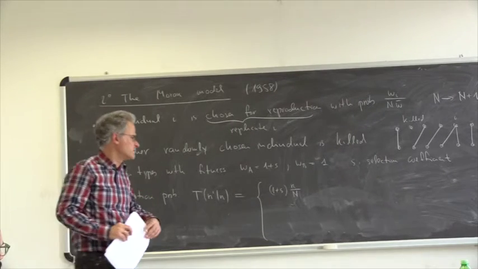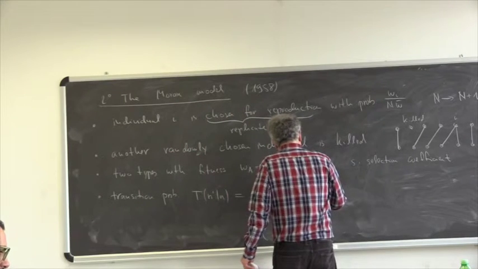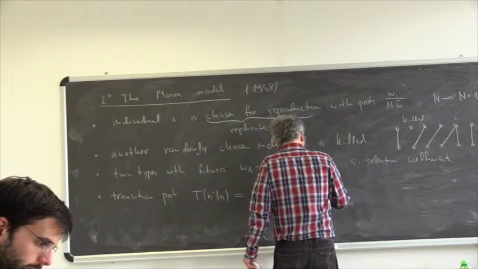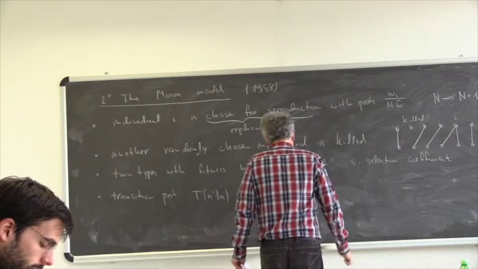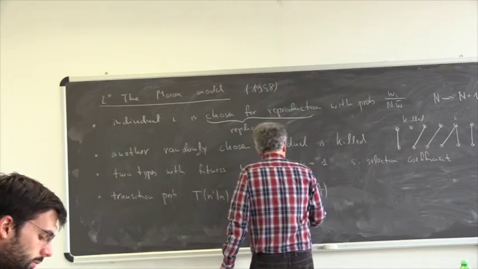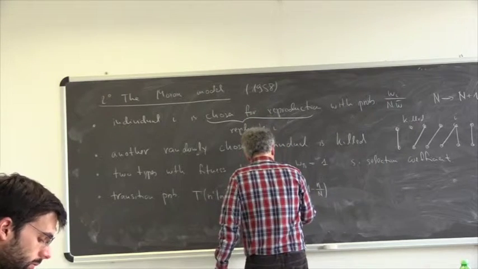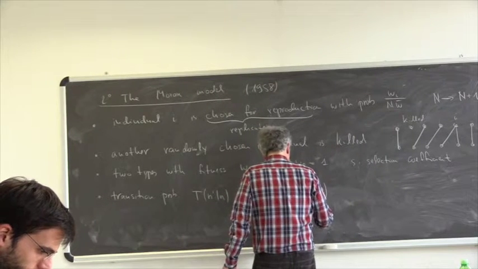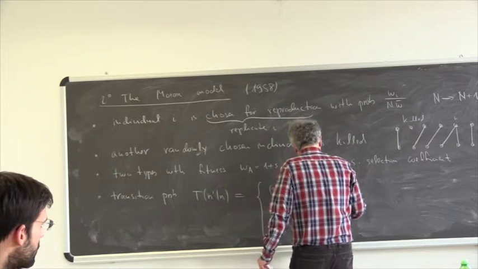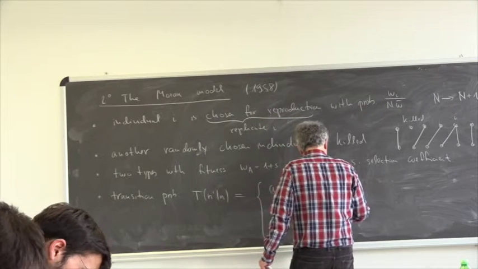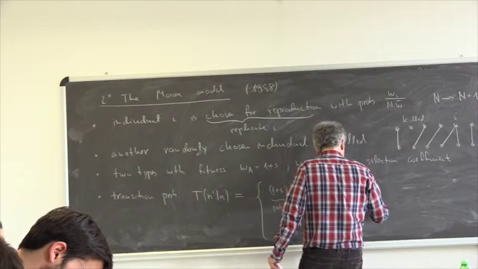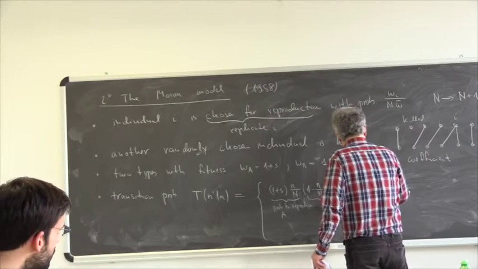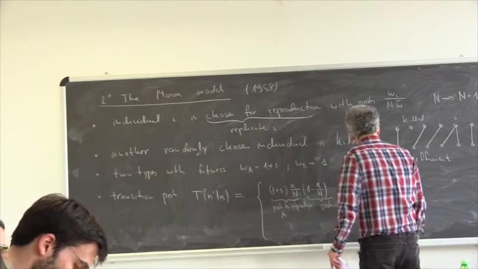So I have to kill a B individual. And the probability for killing a B individual is just equal to the frequency of B individuals. So this is equal to 1 minus the frequency of A individuals, right? So this is the probability to reproduce an A, and this is the probability to kill a B. And if this happens, then the number of A individuals has increased, and so we have n prime equal to n plus 1.